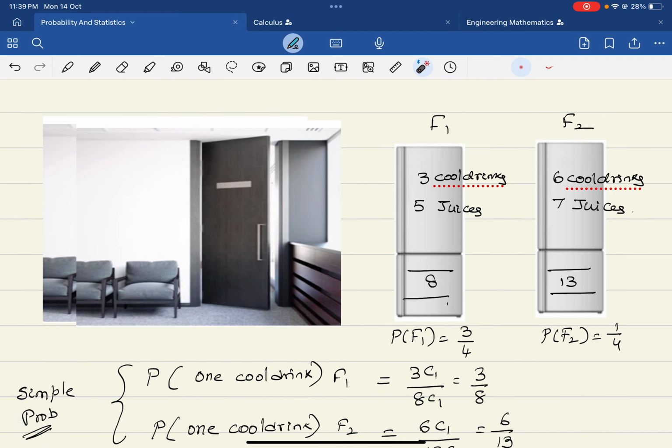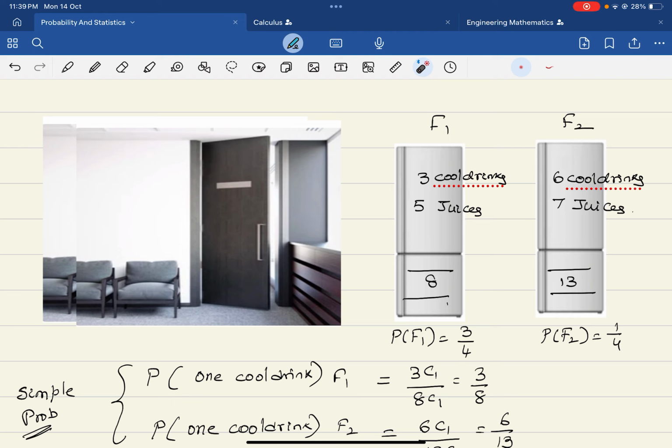Suppose in the problem it is given that the fridges F1 and F2 are being selected randomly. The word random is used. Then we can say that there is a 50% chance of opening F1 and 50% chance for F2.